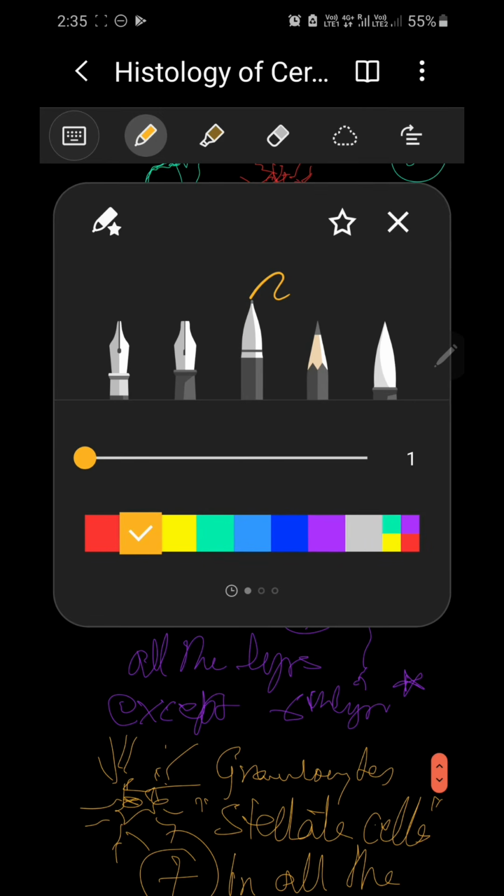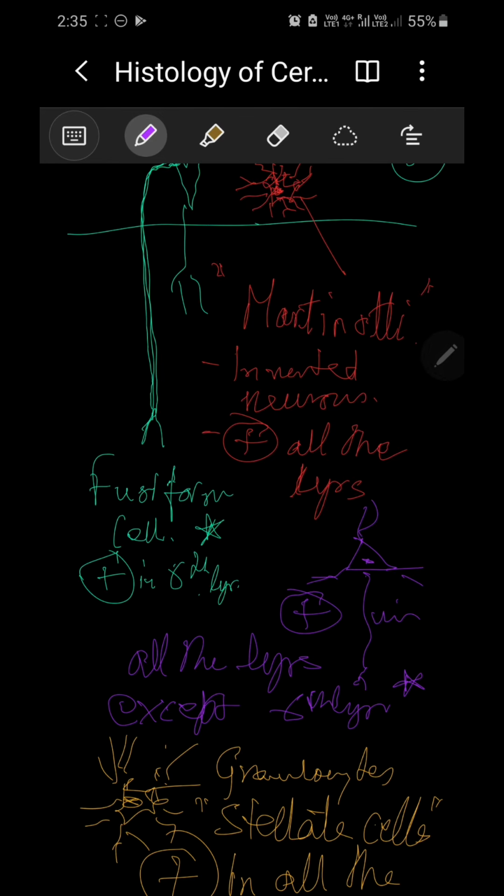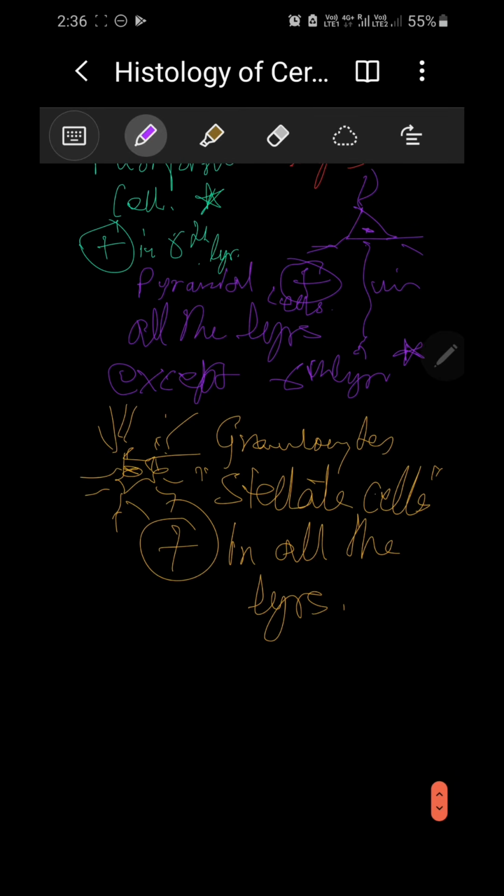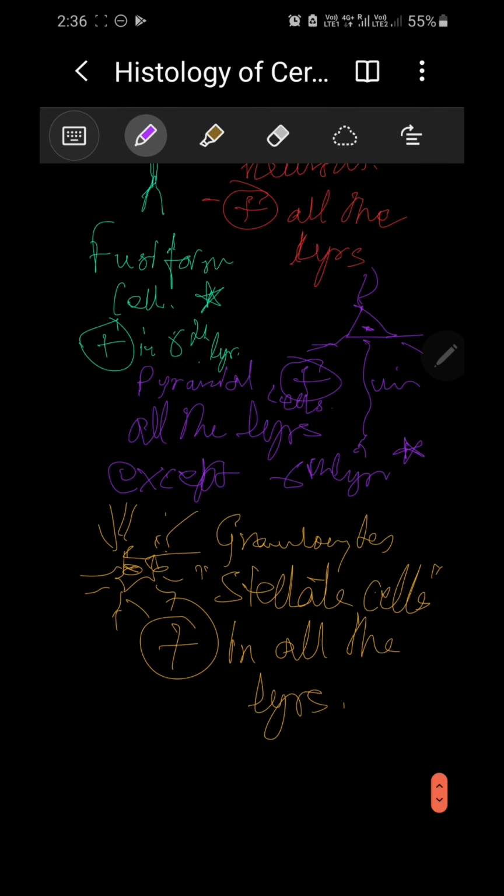And why not write the name down here? Because sometimes people take screenshots. This is the pyramidal cells. Okay, so the four major types of cells I have described, so that you get help in your MCQ solving.